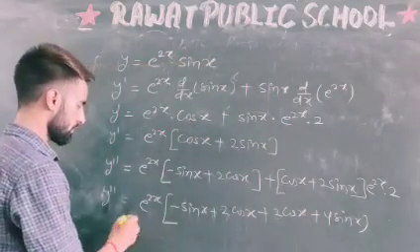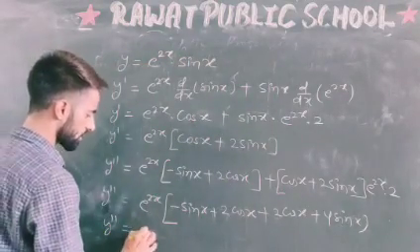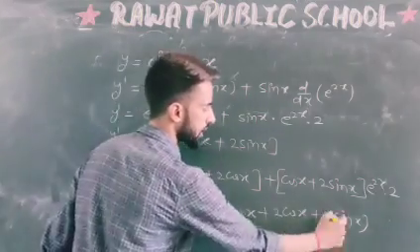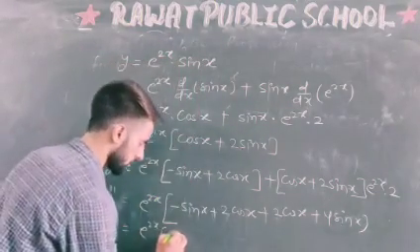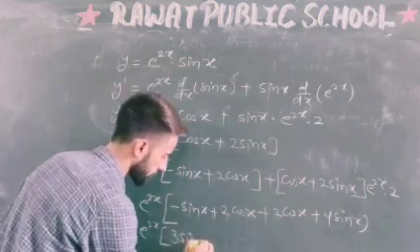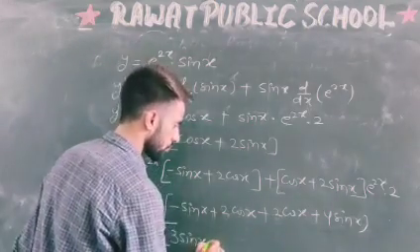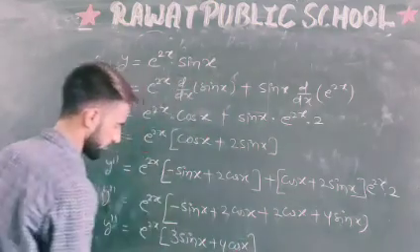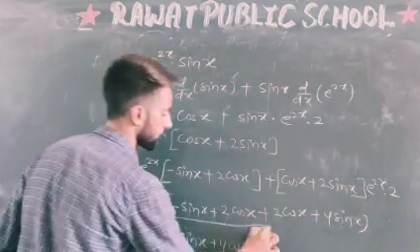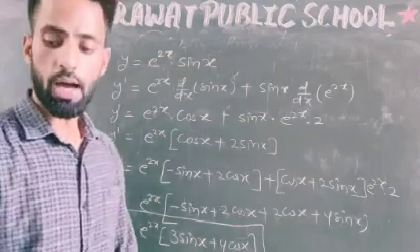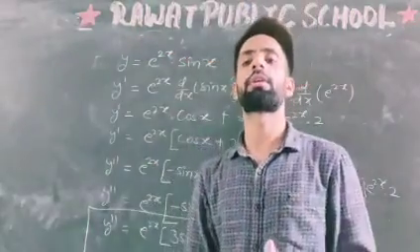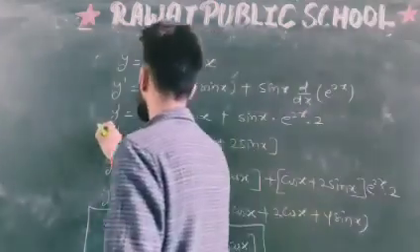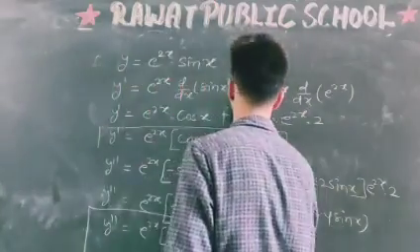Now we can simplify. y double dash is equal to e2x times minus sin x plus 4 sin x, 3 sin x left, and 2 cos x plus 2 cos x, 4 cos x. So this is how we can obtain the second order derivative for any function. This is the second order derivative and this is the first order derivative.